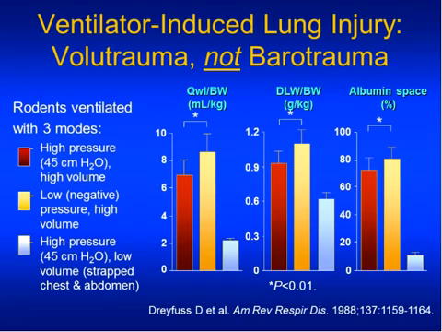So again, there was a lot less lung injury. And in yellow are animals who had negative extrathoracic pressure generating a large tidal volume. So you remove the pressure factor, you still have very large tidal volume, and you have a lot of lung injury. So volume, not pressure, is what's primarily responsible for lung injury.